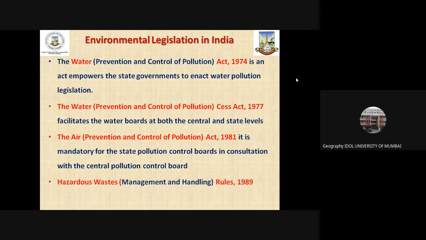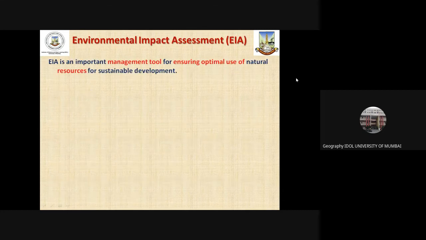So that is how it works. The Hazardous Waste Management and Handling Rules came in 1989, and the Wildlife Protection Act in 1972. So these are some of the important acts that have been enacted from time to time by the Government of India in order to protect the natural environment.